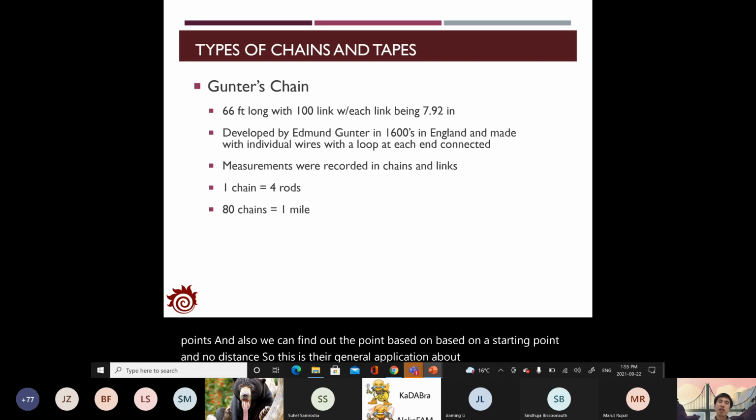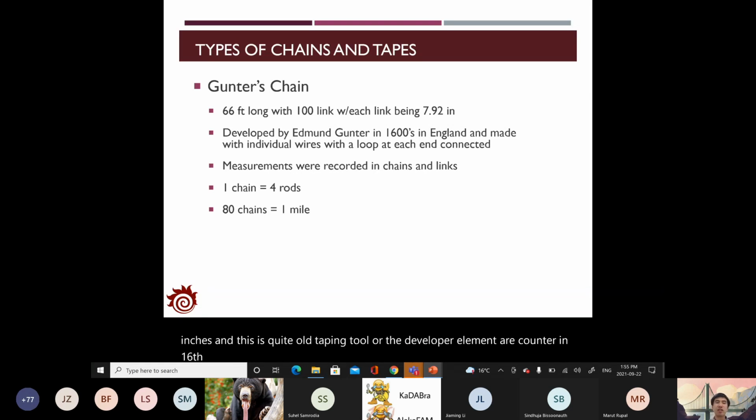There are several types of tapes. The first one, which is quite old, is Gunter's chain. The chain is about 66 feet long and is divided into 100 links, and each link has a length of 7.92 inches. This is quite an old taping tool, developed by Edmund Gunter in 1600.